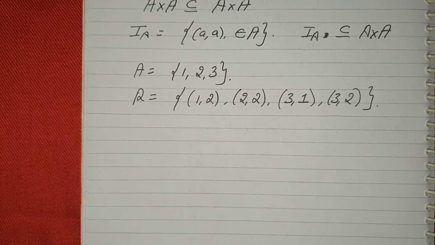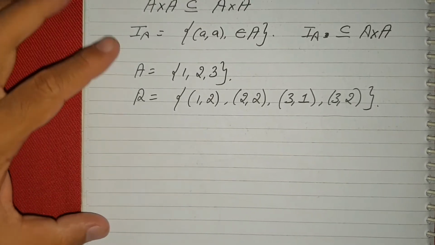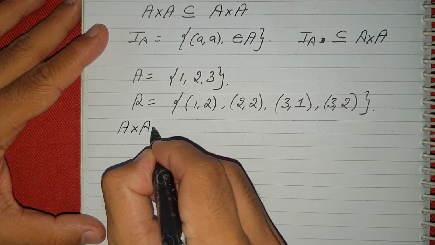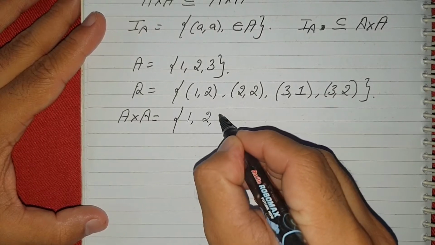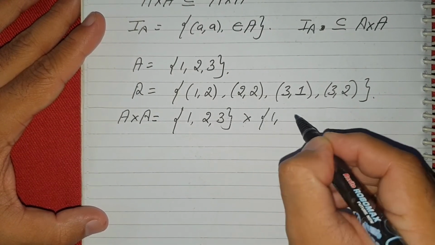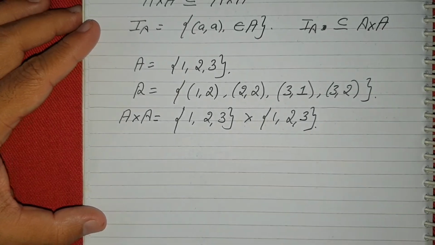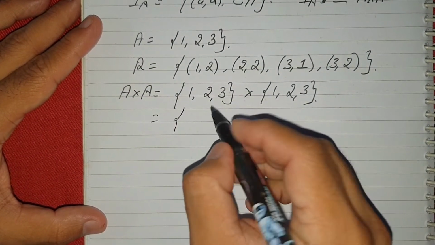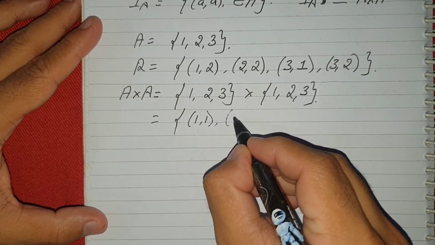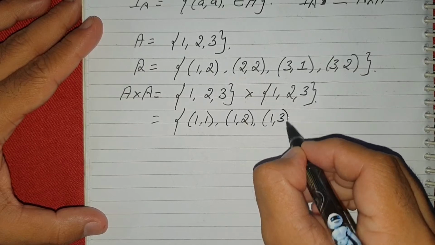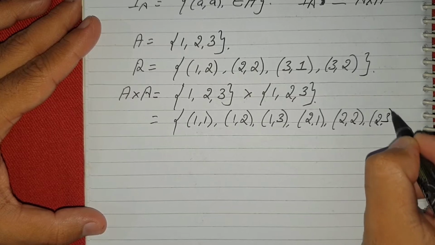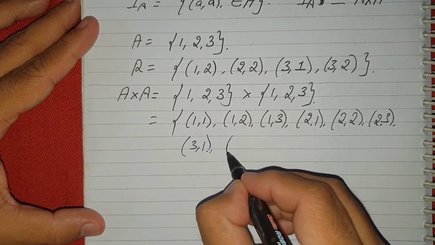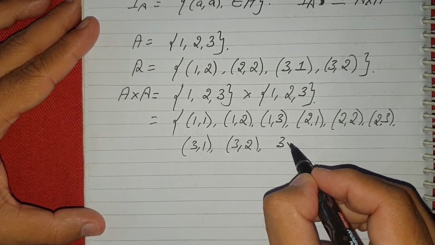Now R is a binary relation on A, because if we find A cross A, which is {1, 2, 3} cross {1, 2, 3}, this will be (1, 1), (1, 2), (1, 3), (2, 1), (2, 2), (2, 3), (3, 1), (3, 2), (3, 3).